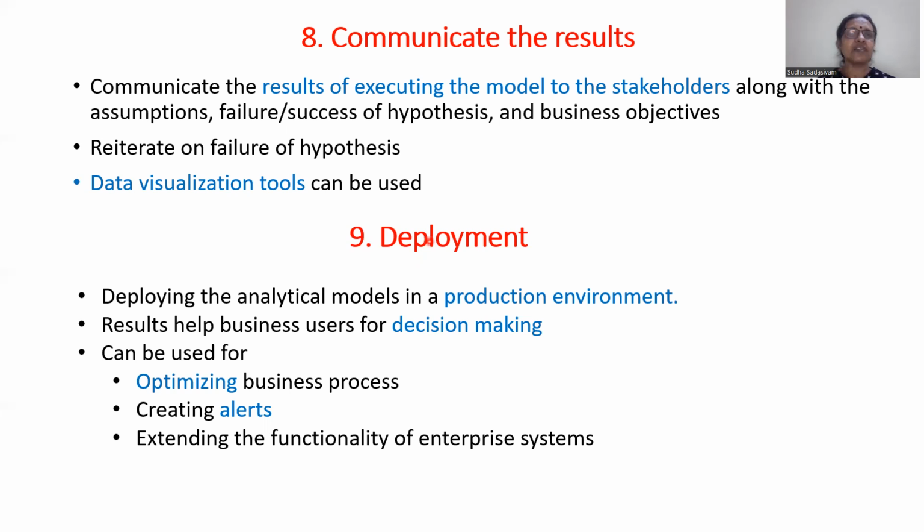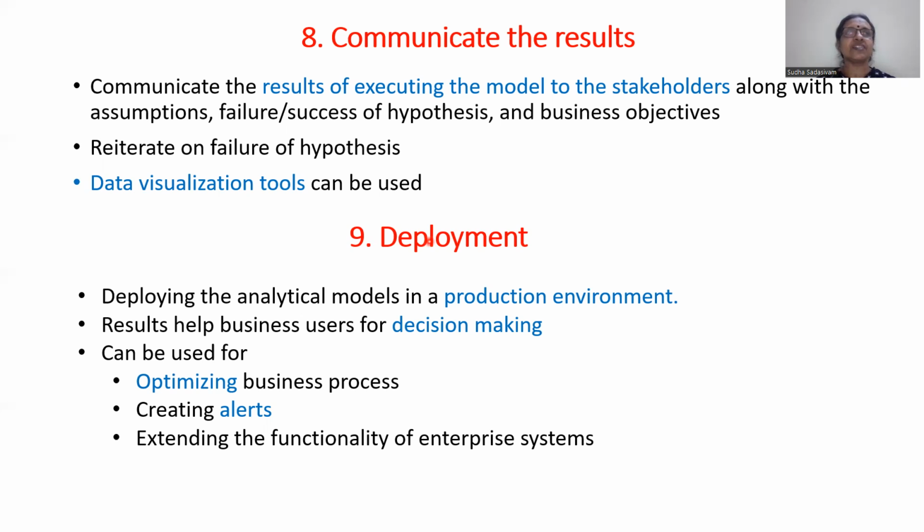During model planning, data exploration is being done. Using these characteristics of the data, the model is being built and it is being deployed. The results are then communicated to the customer or the business user.